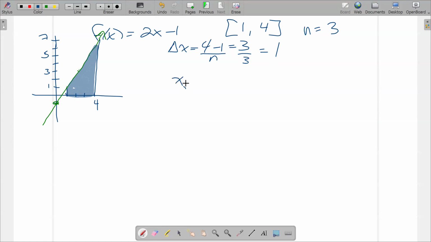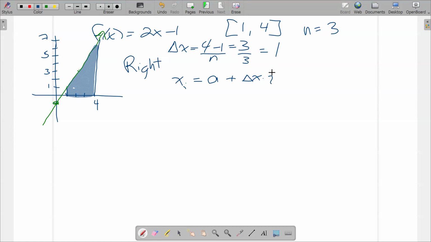For the xi's, let's suppose we're going to use right-hand endpoints. The right-hand endpoint is always the starting value plus delta x times i. It's the easiest one to set up.